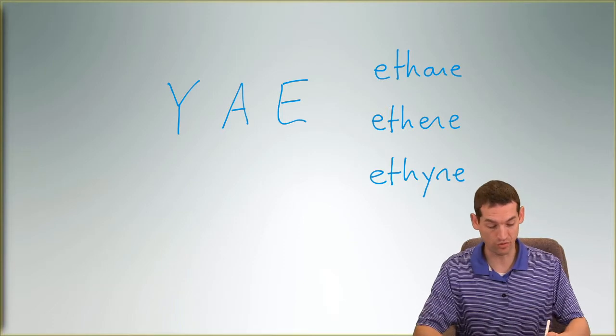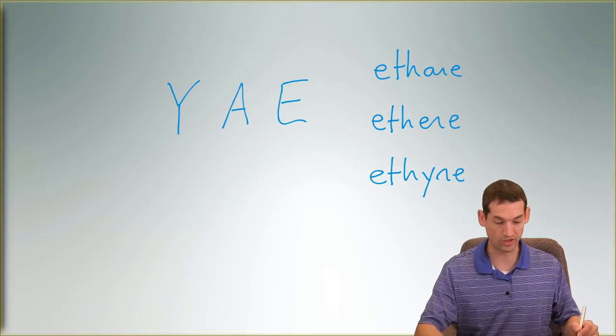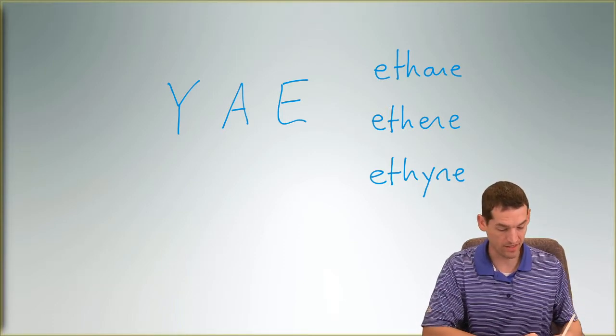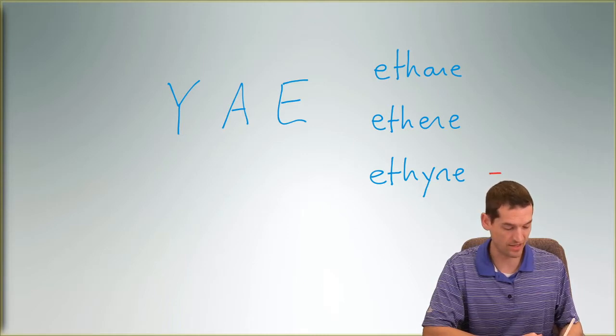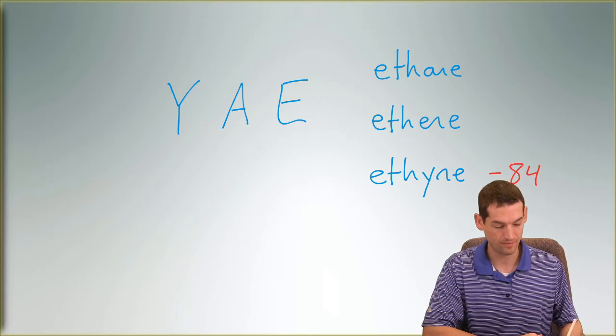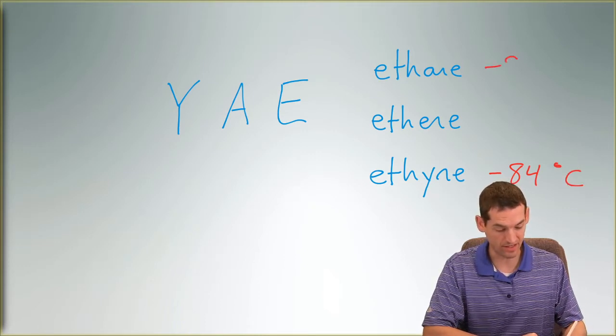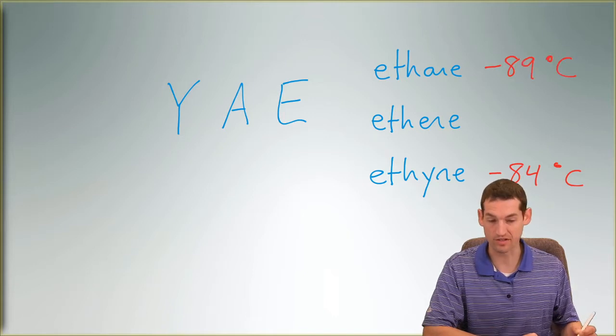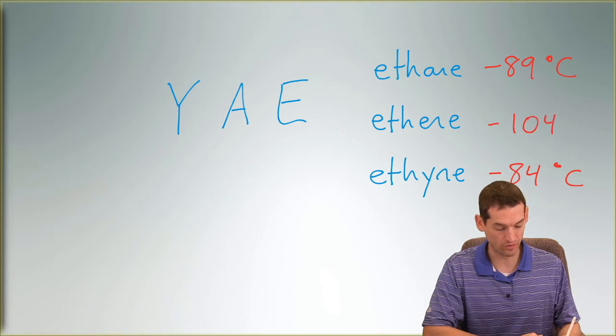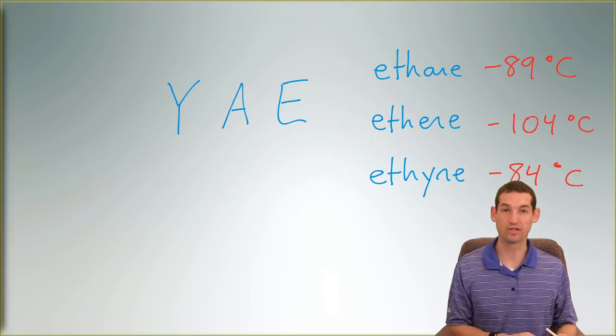And that would be true. That's what we actually see. If we look at the numbers, ethyne has the highest at negative 84 degrees Celsius. Ethane has the next highest at negative 89 degrees Celsius. And ethene is at negative 104 degrees Celsius. It has the lowest.